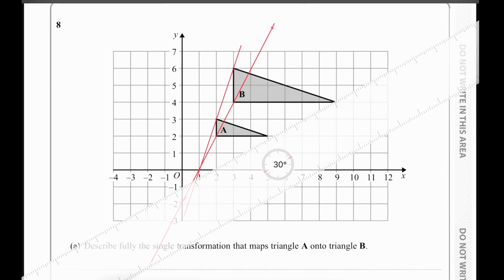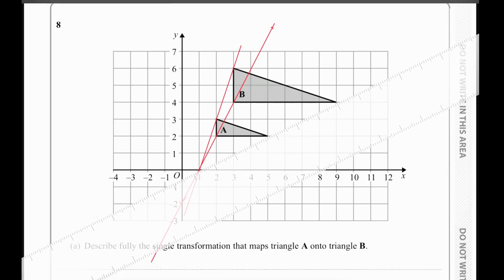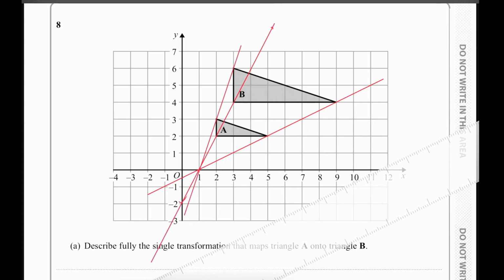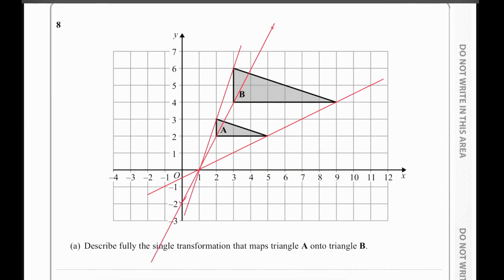And there is your final. And you can see that quite handily, all of those then cross over at a single point, which is your center of enlargement. So we know that the center of enlargement is at point 1, 0. So that's my center of enlargement.